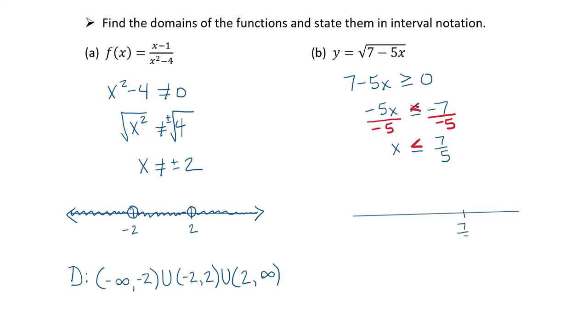Let's go ahead and graph 7/5 on the number line. X is less than or equal to that. So our domain in interval notation will be negative infinity to 7/5 with a square bracket.